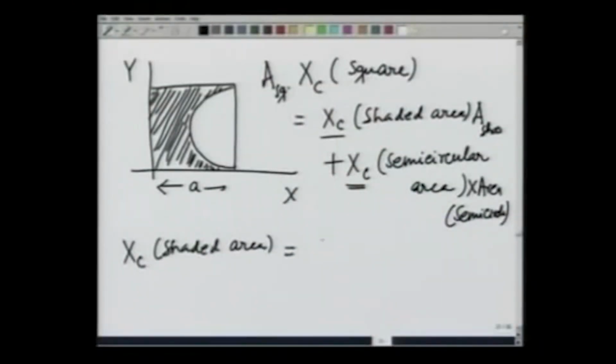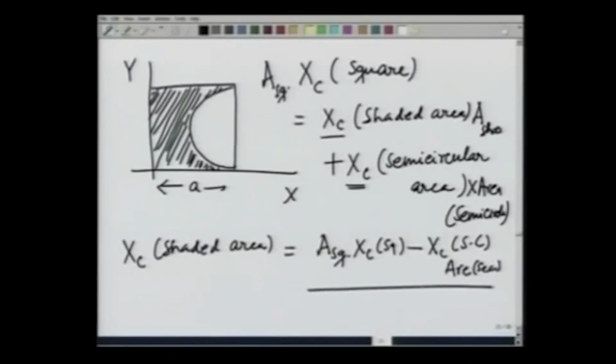is going to be equal to A square times XC of the square minus XC of the semicircle times area of the semicircle divided by the area of the shaded portion, which is going to be area of the square minus area of the semicircle.